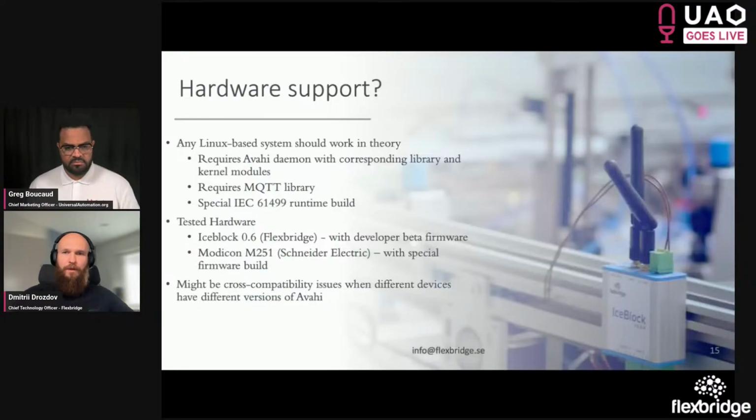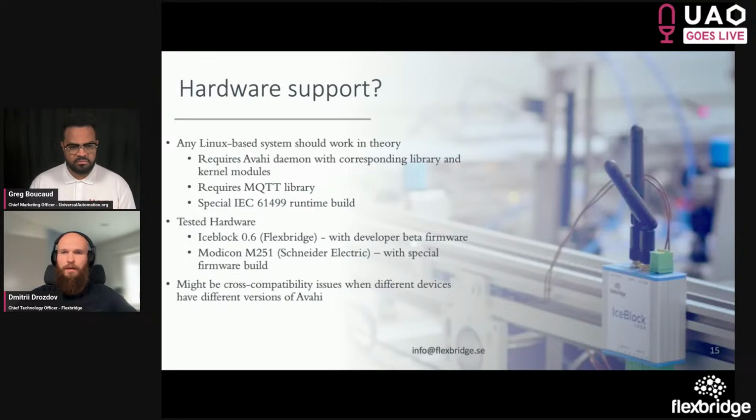Hardware support. In theory, the system should work on any Linux-based platform. However, it has specific requirements. It needs the Avahi daemon with its corresponding libraries and kernel modules.